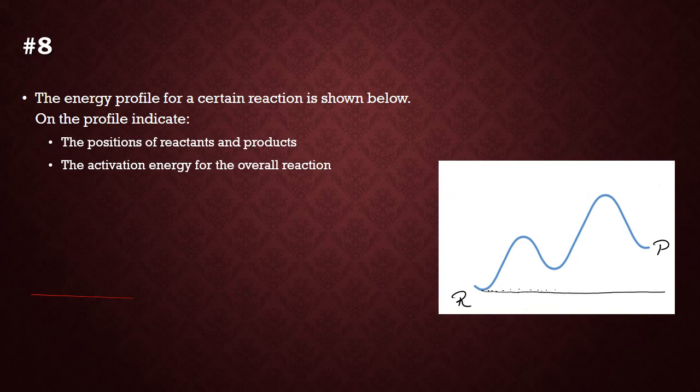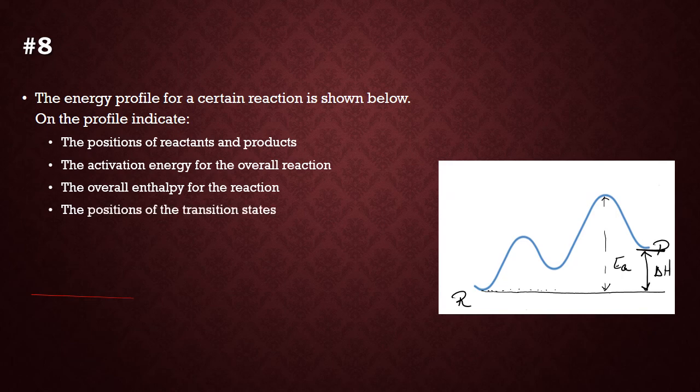I'll do my best. There we go. And that's where the activation energy would be for the overall reaction. You want to go with the bigger one. So here we have E sub A. And the overall enthalpy is simply the difference between the reactants and the products. So there is how we measure delta H.